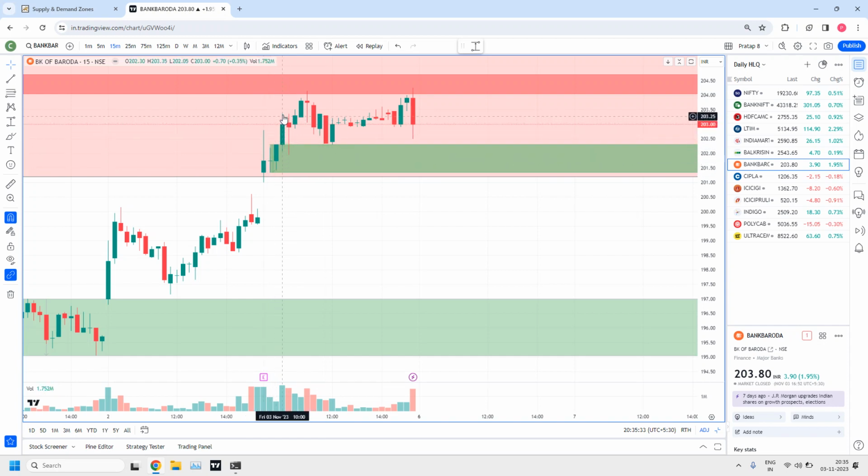And next we got a rally candle. So rally, base, rally. See the first rejection from here. Today institutions created this.